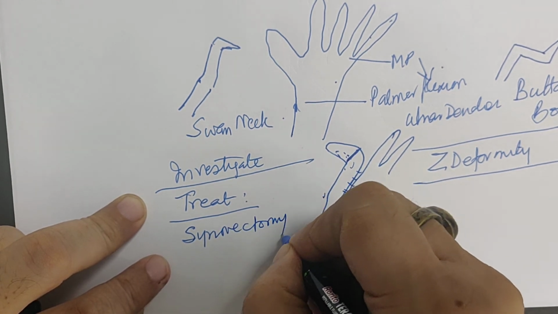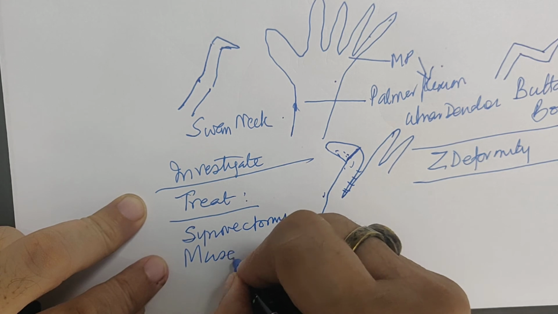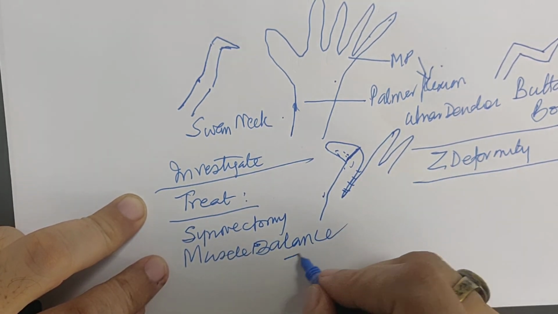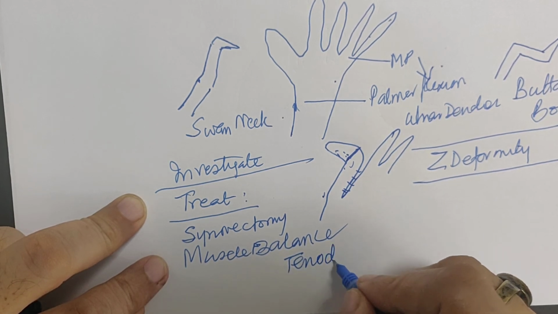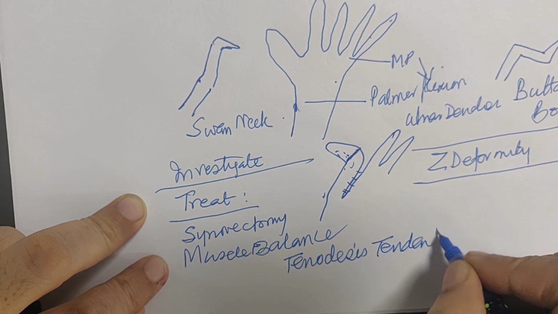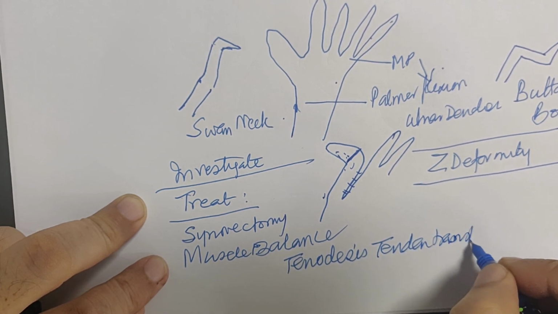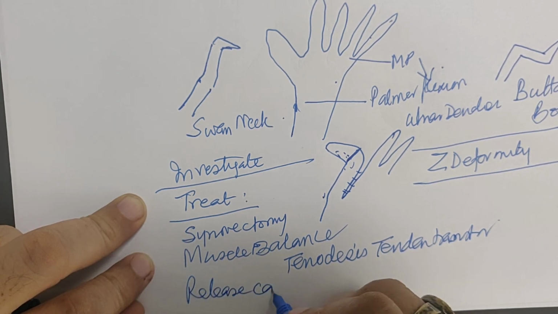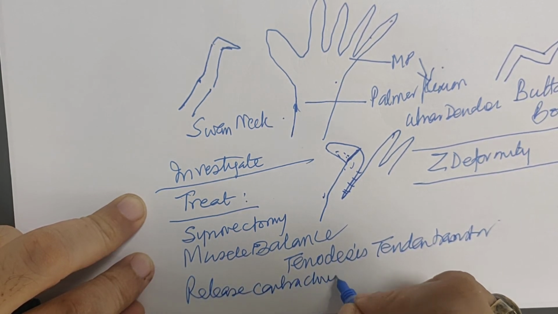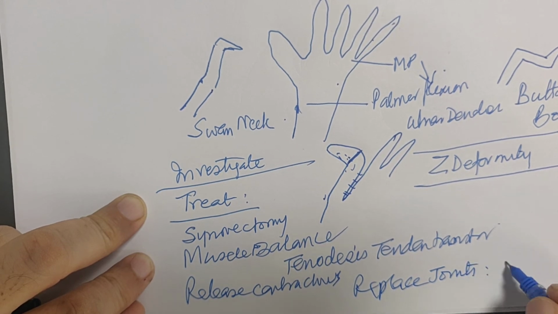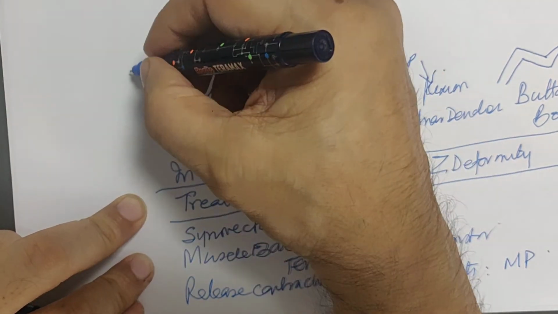You have to restore muscle balance by tenodesis or tendon transfer. You have to release contractures, and you may have to replace joints. The commonest being metacarpophalangeal replacement.